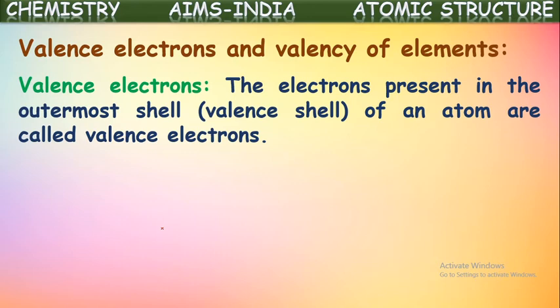Outermost orbit means the last orbit of an atom. So the electrons present in this last orbit of an atom are called valence electrons. This last shell is also called the valence shell. Thus the electrons present in it are called valence electrons. These valence electrons are responsible for the reactivity of an atom.